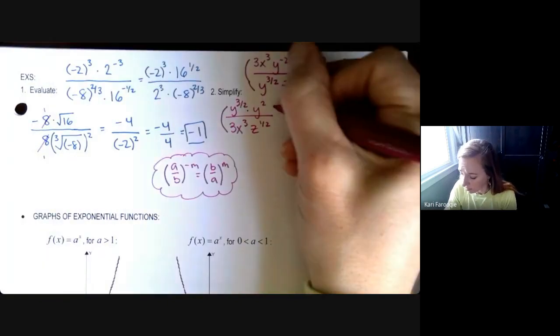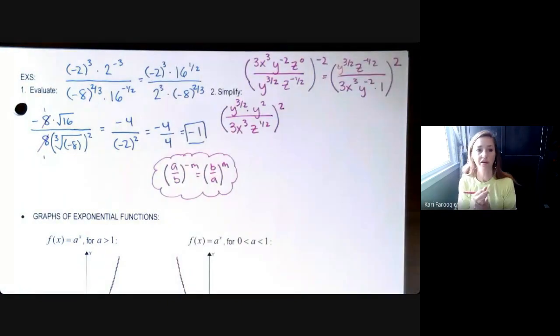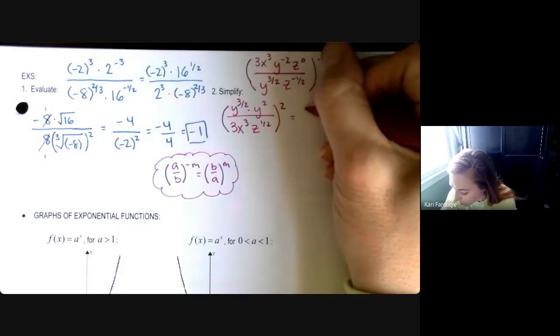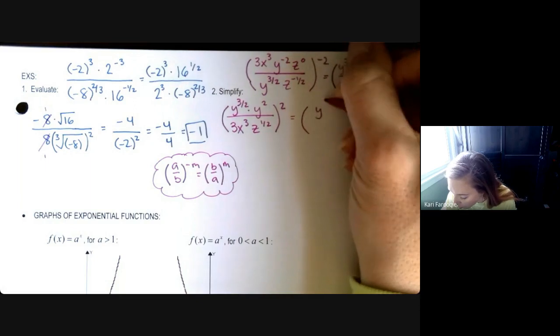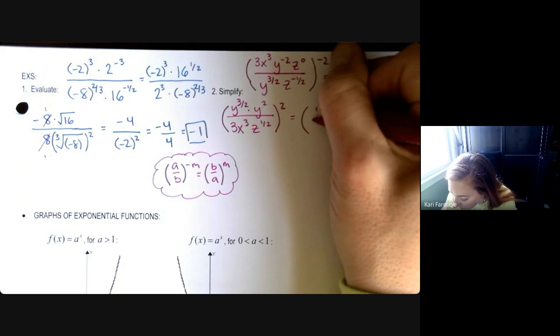All right, I'm going to take this entire quantity to the second power. And then I'm going to go ahead and simplify in the numerator. Remember when you're multiplying with the same base, you add the exponents. So what this really looked like in the numerator is y to the 3/2 plus 2 power.